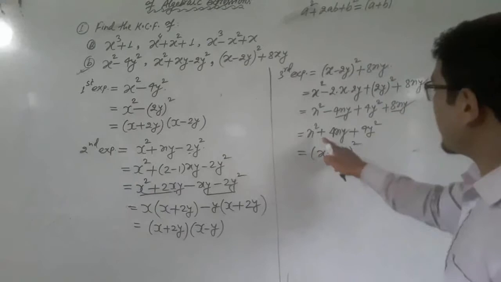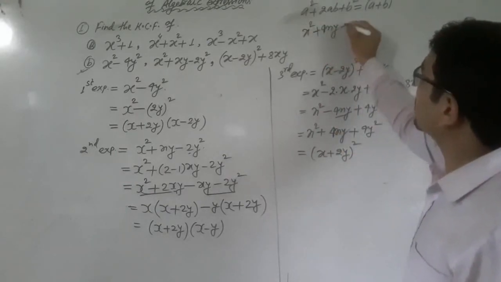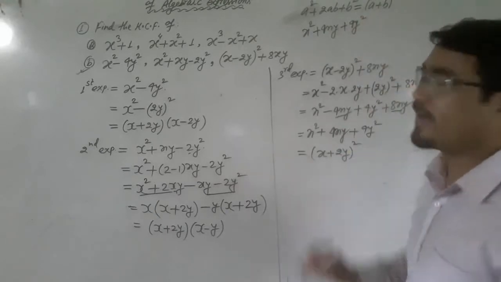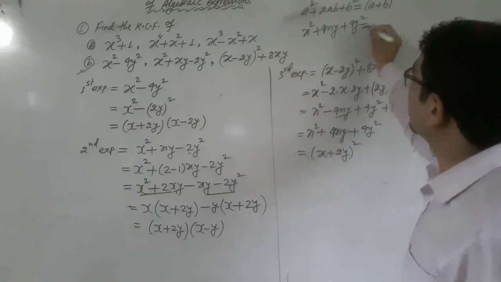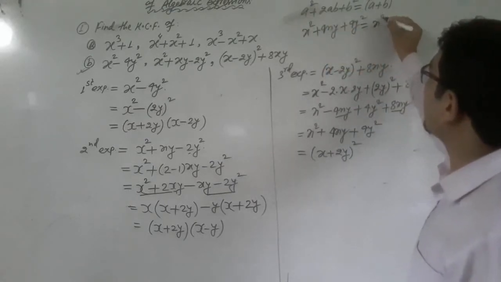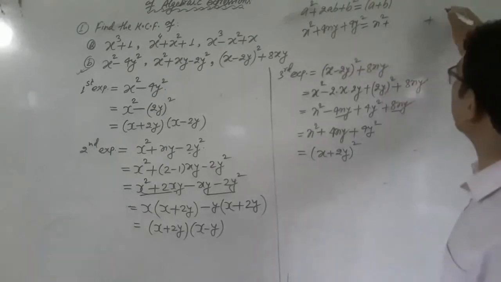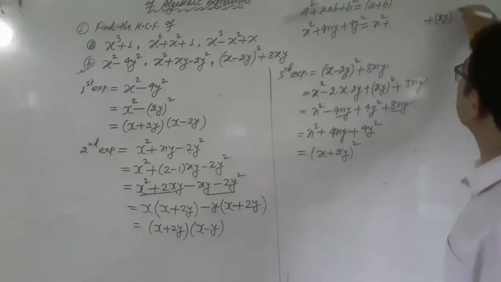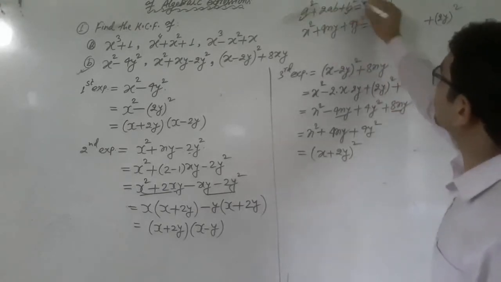So similarly, we have here x square plus 4xy plus 4y square. This is also a perfect square. This we can write in this form. So let's write here: a square means x square, plus b square. The last one, b square, we can make 4y square, we can write 2y whole square. So this a square became x square, b square also became 2y whole square.